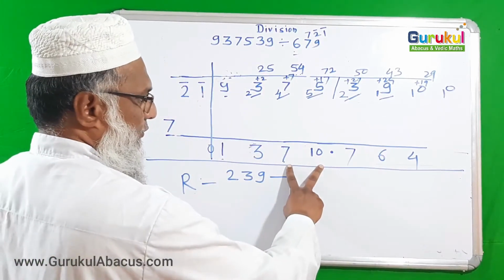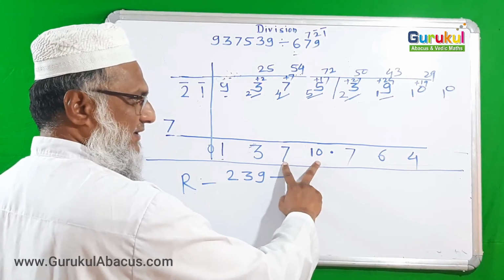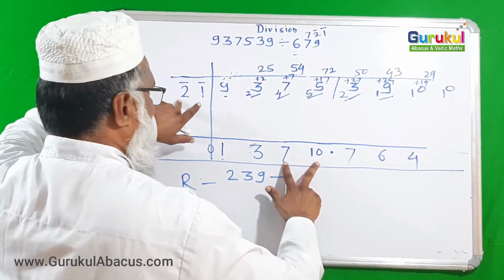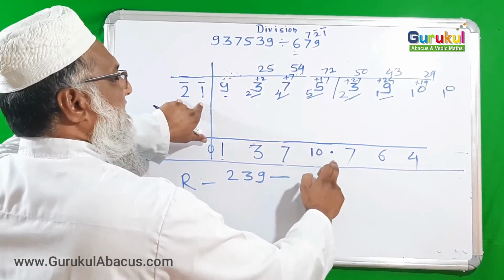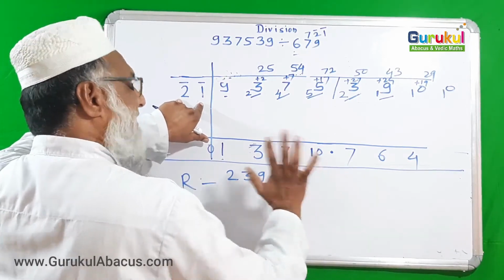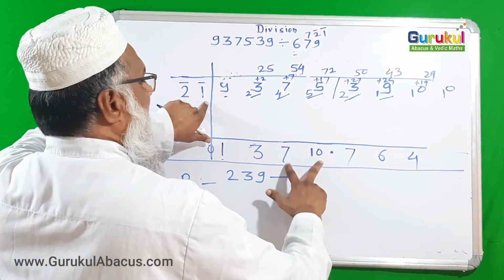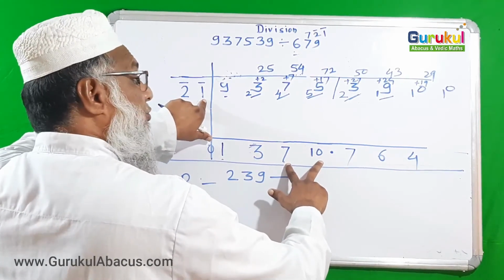What to subtract? The last 2 digits after the decimal point, this one and this one, and this one and this one, means the flag digits, two flag digits, and the answer's unit place and 10 place. Here is the unit place, 10, because in the answer we have found only this 10 and 7 and 2 and 1, their cross multiplication should be subtracted.